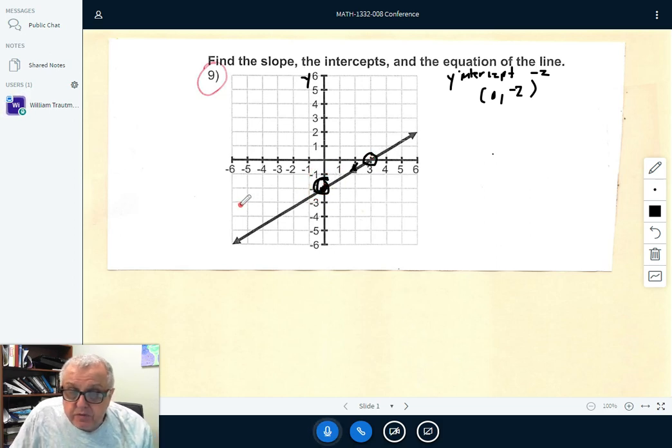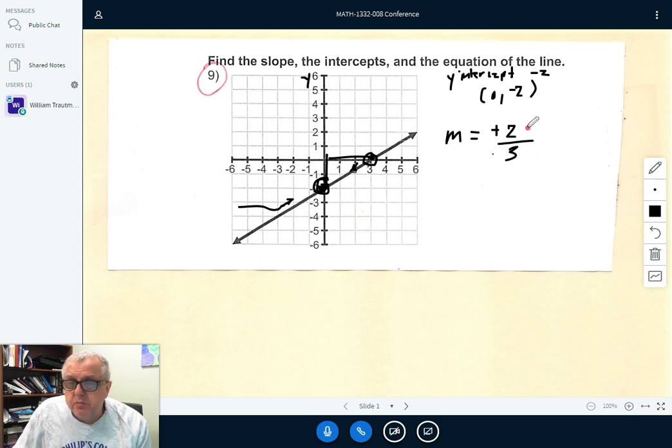I know this is a positive slope because if I move from left to right, it goes up. Going from this point to this point, we go up 2 and over 3. So my slope is a positive 2/3.